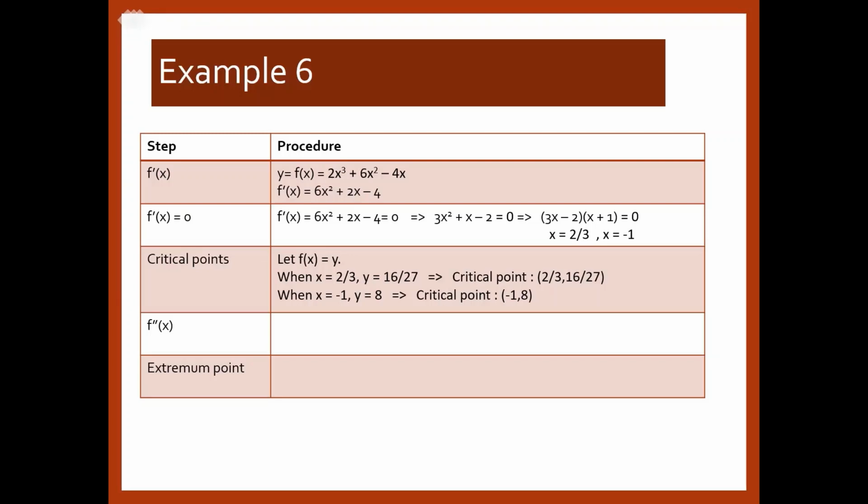By letting f prime equal to 0, you should obtain two x values, which are 2/3 and negative 1. By substituting these values of x into the given function, you will get two critical points, which are (2/3, 16/27) and (-1, 8).